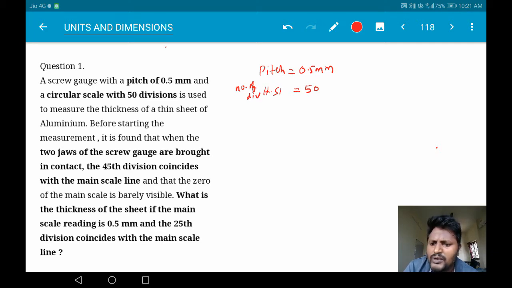Before starting the measurement, it is found that when the two jaws are in contact, the 45th division coincides with the main scale. That means there is some error in the instrument. So what is that error?